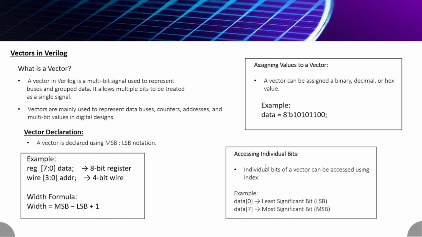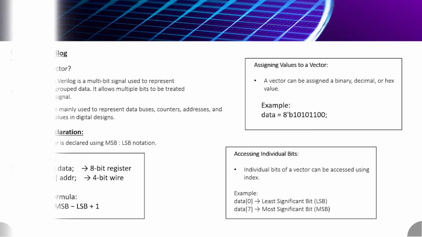Finally, we can access individual bits of a vector using an index. data[0] refers to the least significant bit and data[7] refers to the most significant bit. This bit-level access is very useful when performing control, masking, and bitwise operations in Verilog. So vectors help us write efficient, readable, and hardware-oriented Verilog code.